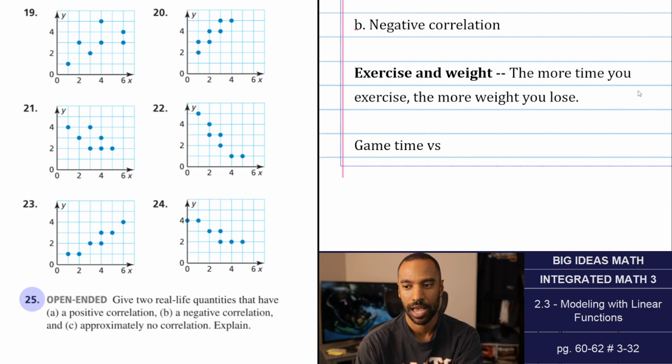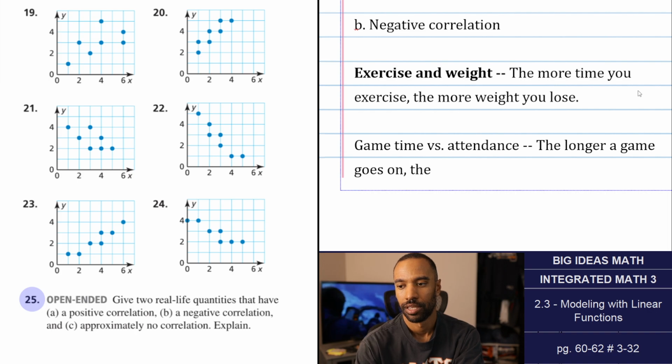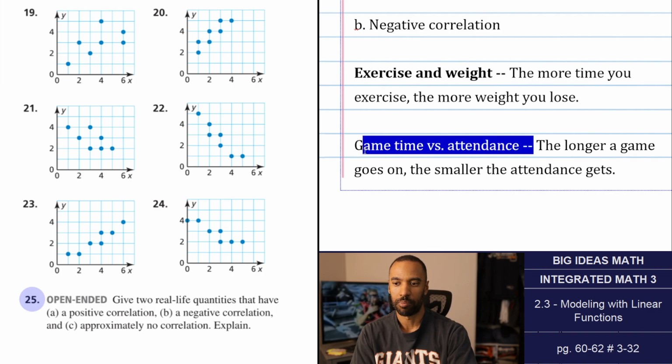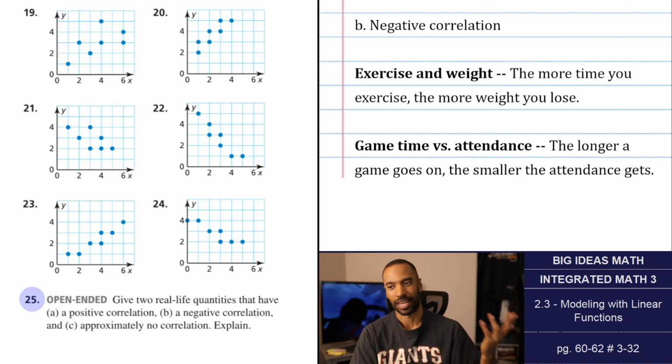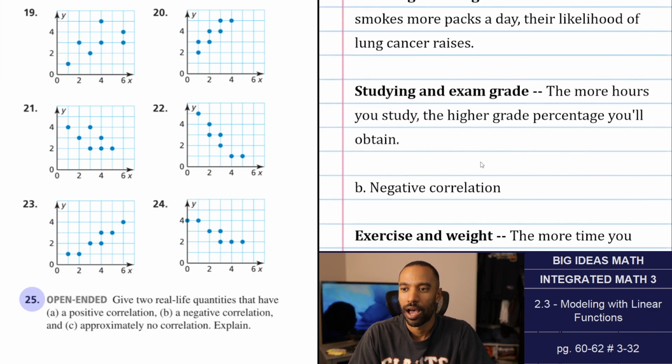Game time versus attendance. The longer a game goes on, the smaller the attendance gets. You know, if a game goes deeper into extra innings, more people start to leave. I don't know, something like that. I'm just thinking of that. Okay.